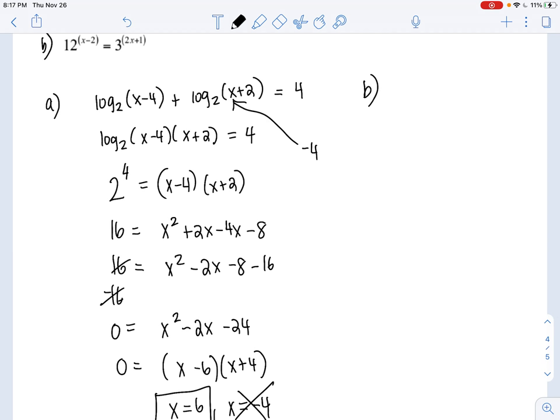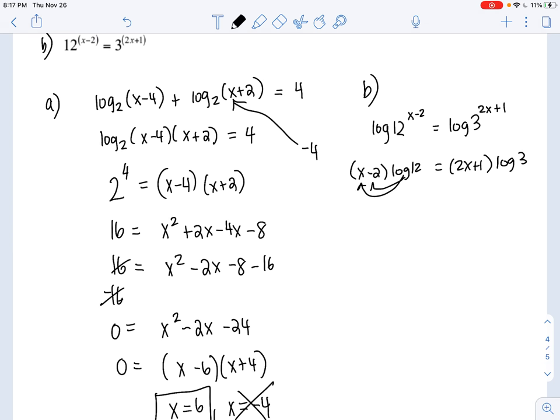B. Step 1, we're going to put a log on both sides. Next, we're going to bring those powers in front. And then we're going to distribute the logs into that bracket where those become the coefficient.